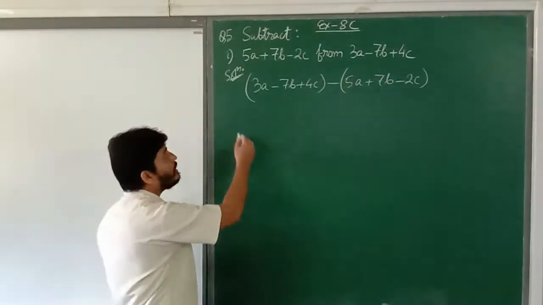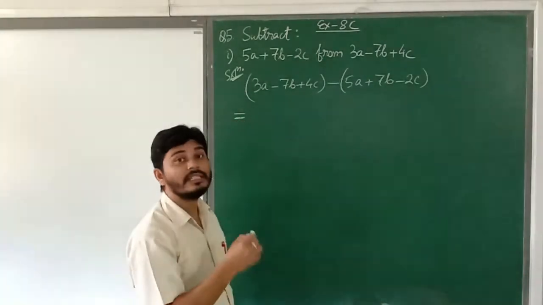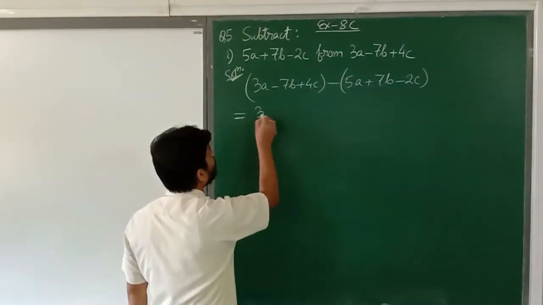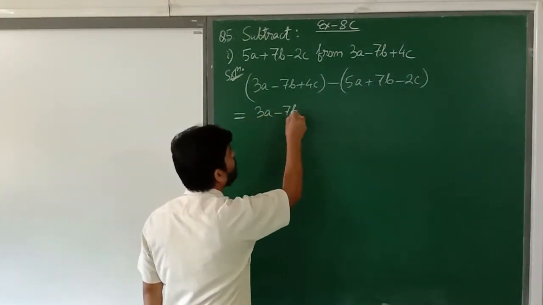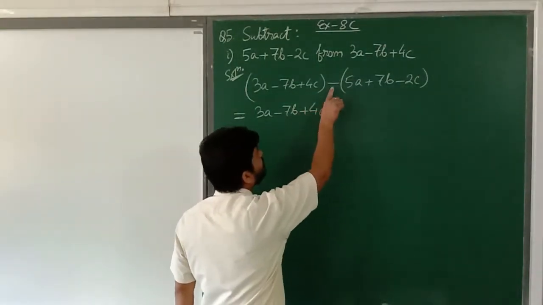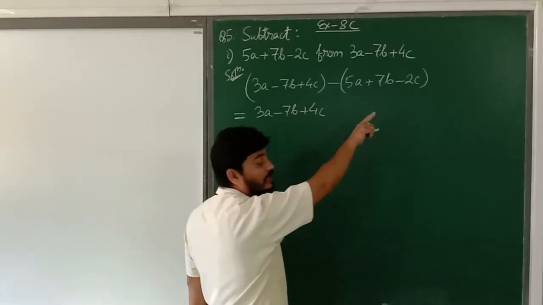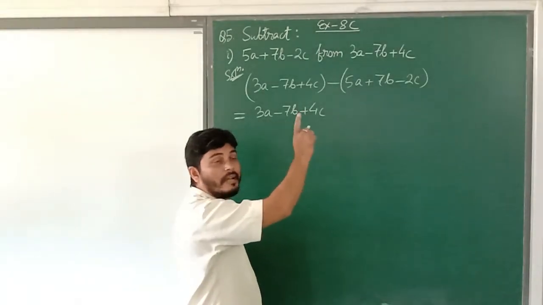The remaining part is quite similar to what we did during addition. Now remove the bracket using the concept of sign operation. This is minus, so every operation inside the bracket will be affected.